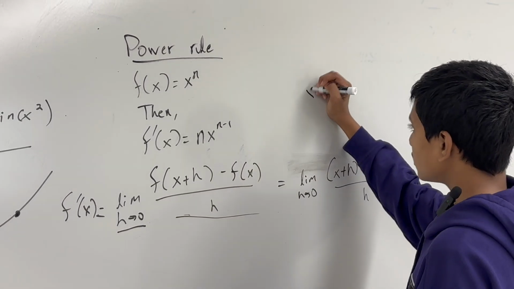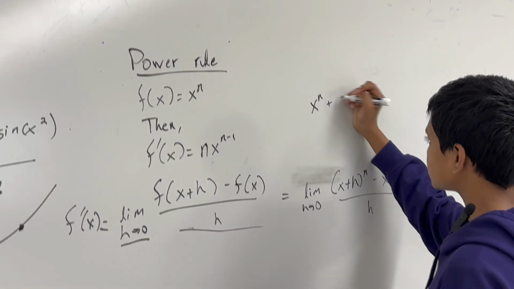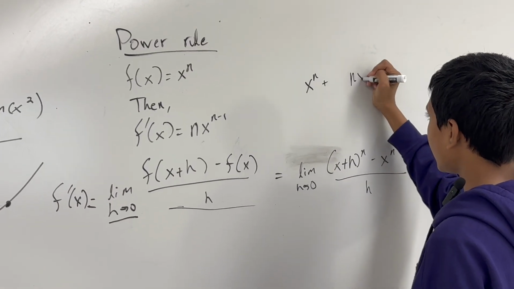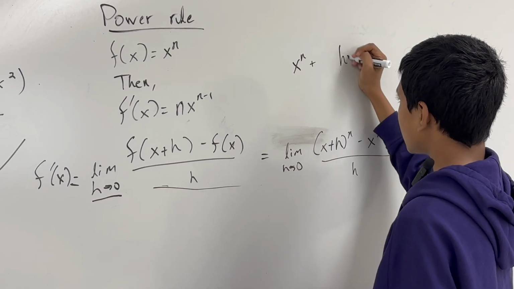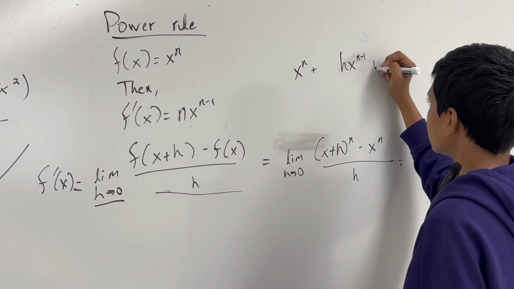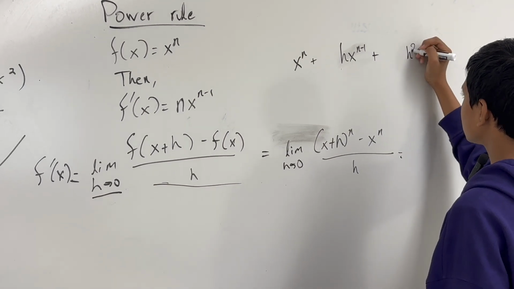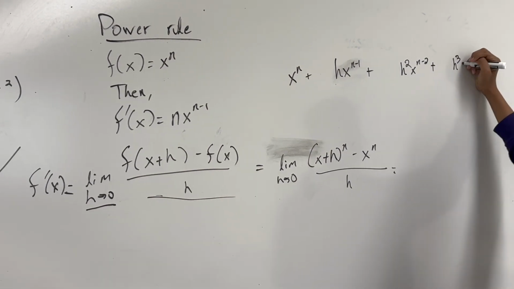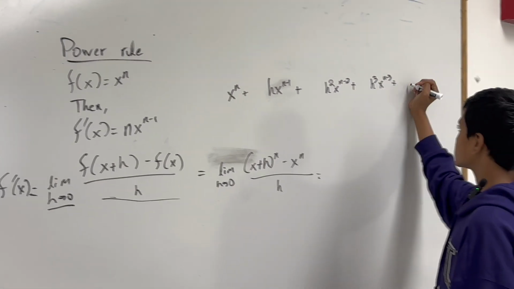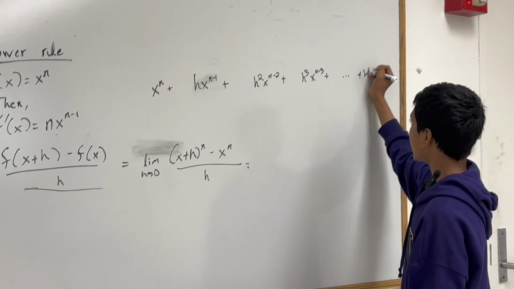Well, firstly, we have the terms x to the n plus n h x to the n minus 1 plus h squared x to the n minus 2 plus h cubed x to the n minus 3 plus dot dot dot plus h to the n.